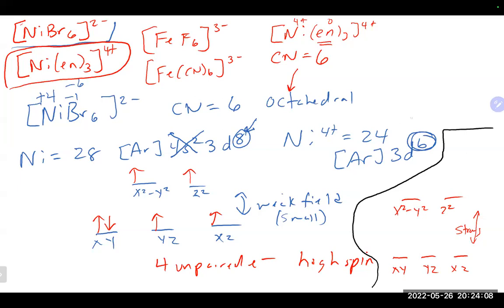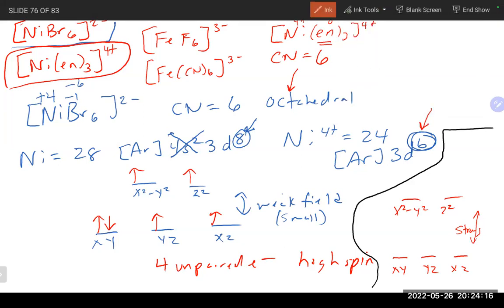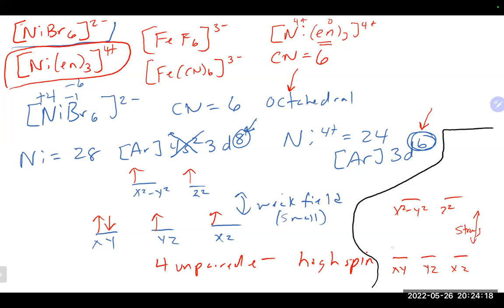So we are still talking about the same 6 electrons here. The difference, though, is how these electrons are going to be distributed, because we are now facing a strong field. We're going to go 1, 2, 3, and then it's too high up there, so we're going to pair up low first. And in this case, we actually end up with 0 unpaired electrons.